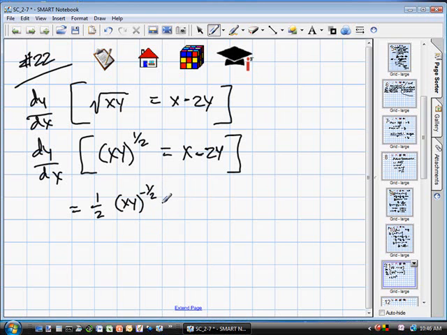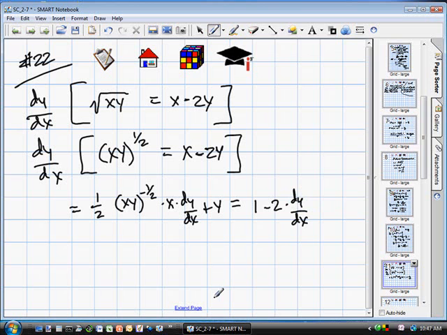So here we go: the first times the derivative of the second plus the second times the derivative of the first. Well, that's a 1. Okay, right side, derivative of x, that's easy. The derivative of minus 2y is minus 2. But because I'm dealing with y, I have to use the chain rule.